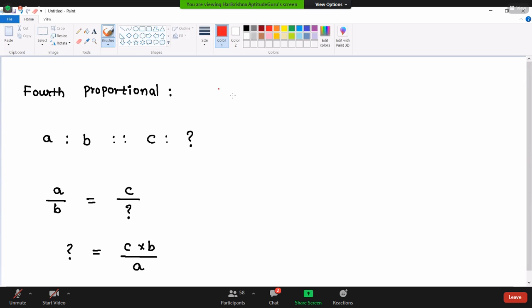Or in other words, if I take any numbers like 3 is to 4 is equal to 9 is to what? Like what is the fourth proportion of the question 3, 4, 9? Find the fourth proportion of this.